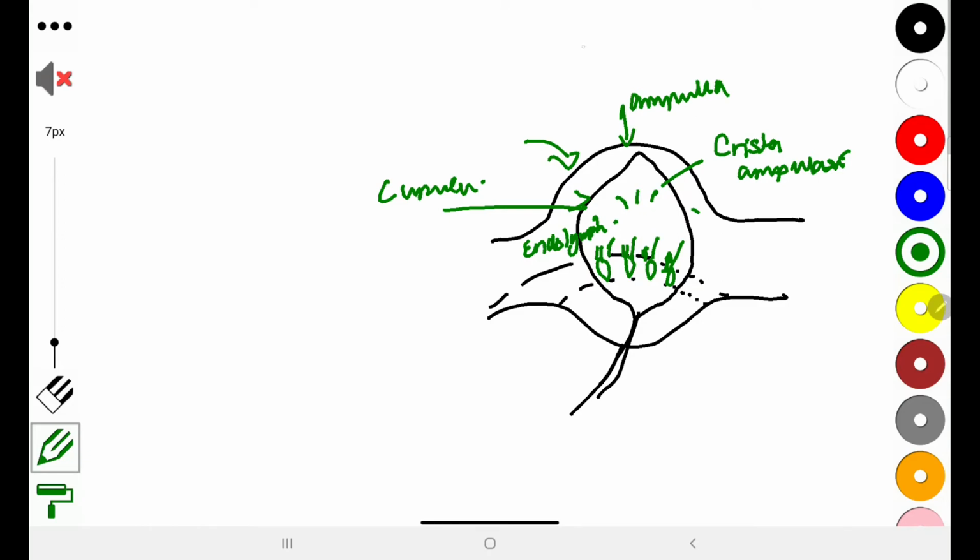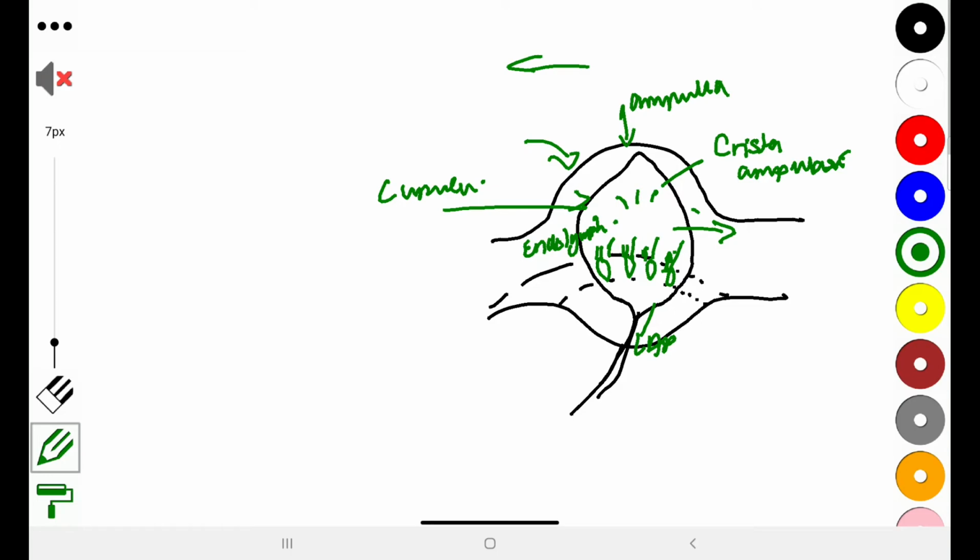So if you're moving this way, the cupula moves that way, and once it moves that way, it pulls these tip links, and we have an action potential ensuing. So when the cupula goes in one direction, there's increased firing of this single fiber.